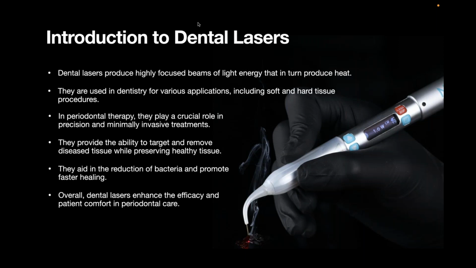What that means is that when you're putting this laser tip down into a sulcus around the tooth, if there is any diseased tissue, most of that laser energy is going to be attracted to this dark pigmentation. So it is very precise, but it also targets this tissue, which is great, because that is what we want to use it for in dentistry.